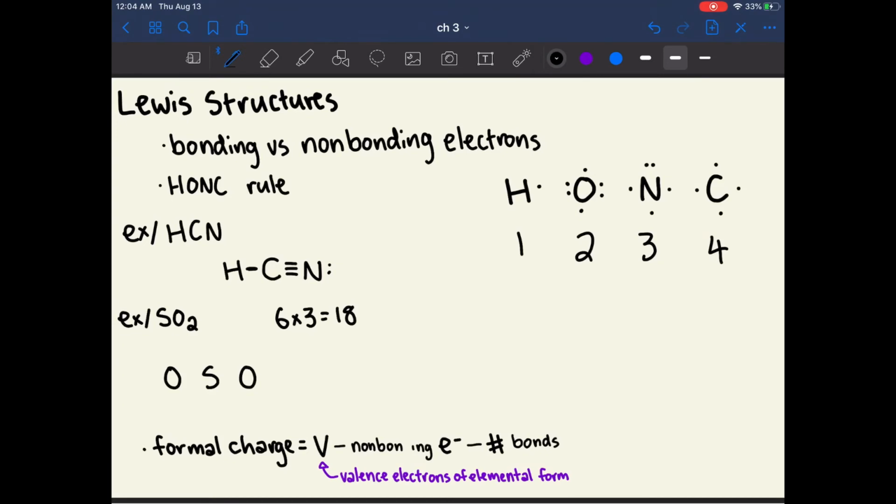So in the interest of symmetry, and knowing that sulfur can have an expanded octet, which means that sulfur can have more than 8 valence electrons because sulfur is group 3 or beyond, we could try to put 2 double bonds between sulfur and oxygen. And we can try it like this.